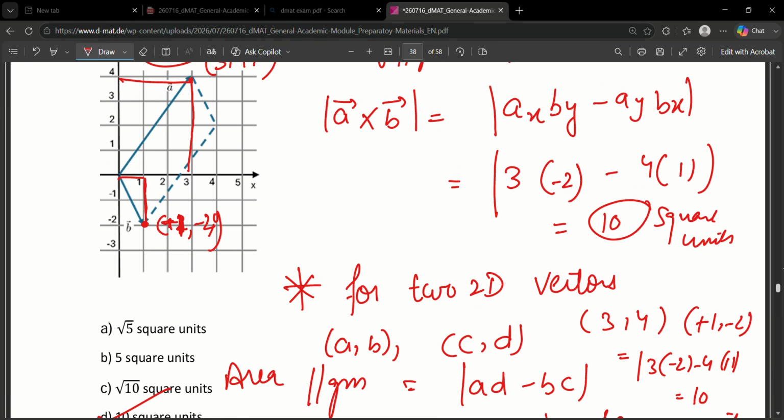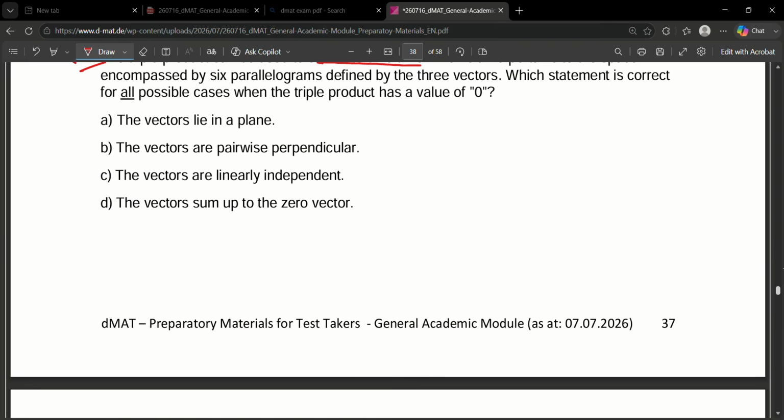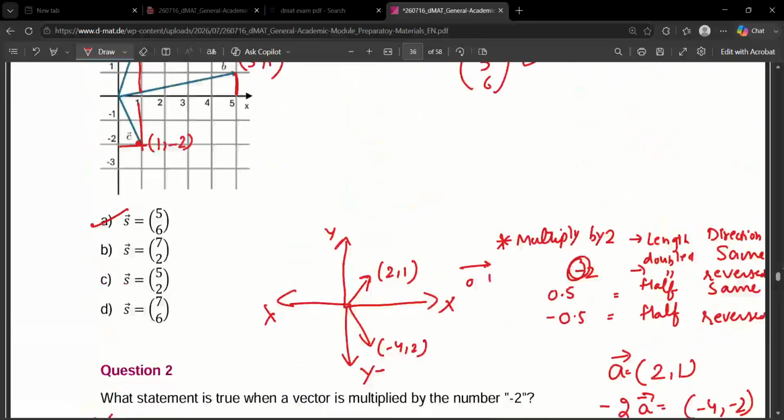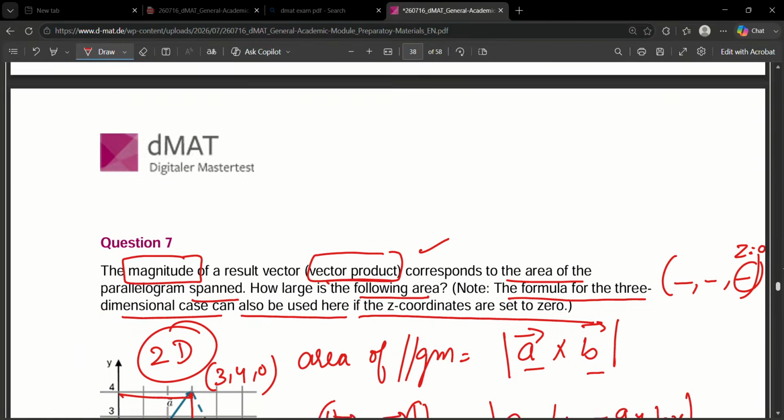So that we have found here, this basically represents a magnitude. This represents the area, which won't be negative. If the answer is minus 10, it would be positive 10. You don't have to take a root of squares like we did to find the vector length. You don't have to use that formula.